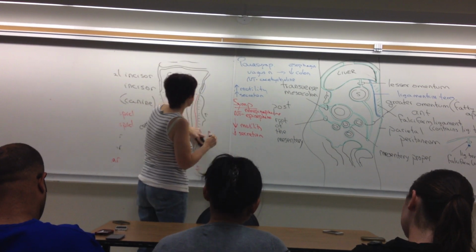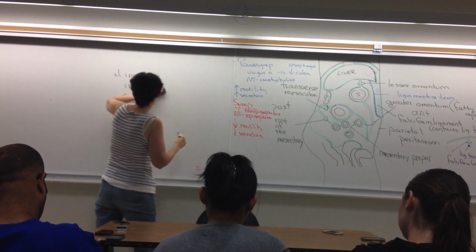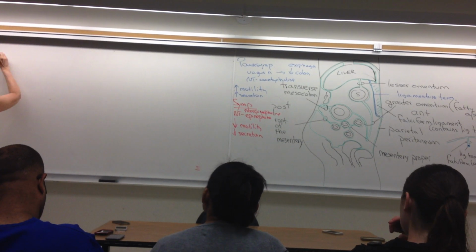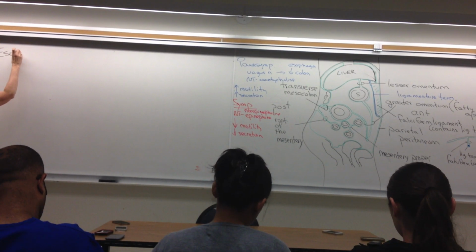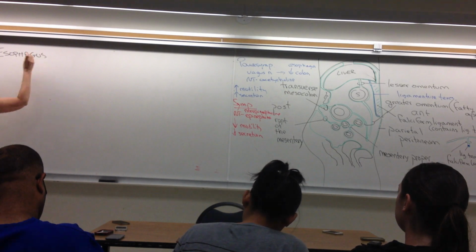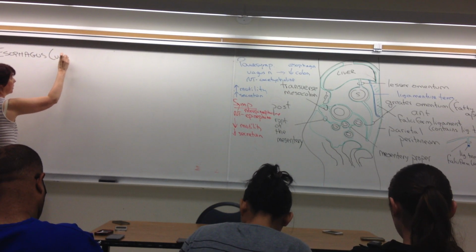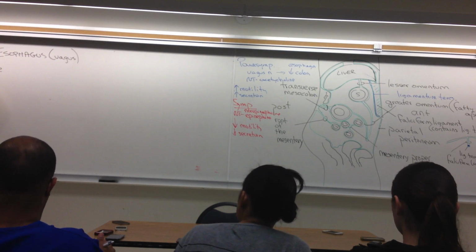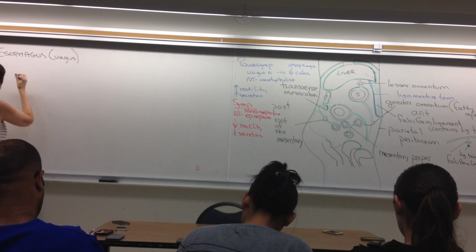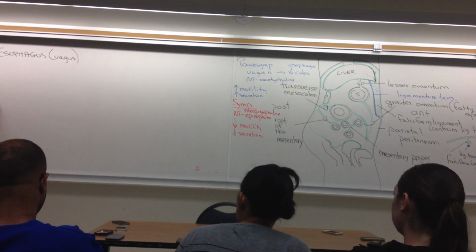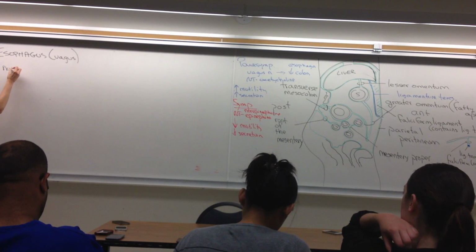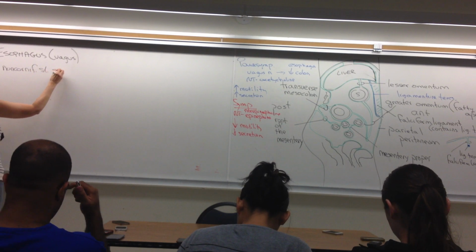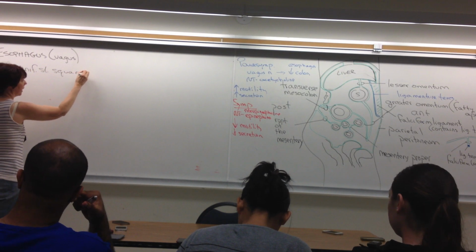The entire lining of the esophagus is non-cornified stratified squamous. So that would be innervated by vagus. So our epithelium of the mucosa is going to be non-cornified, stratified, squamous.